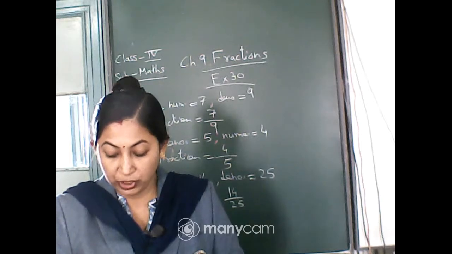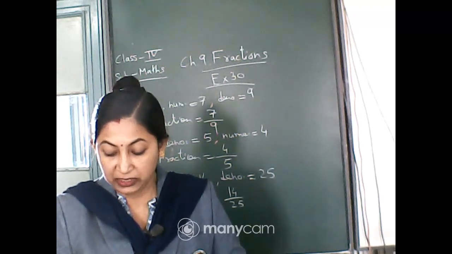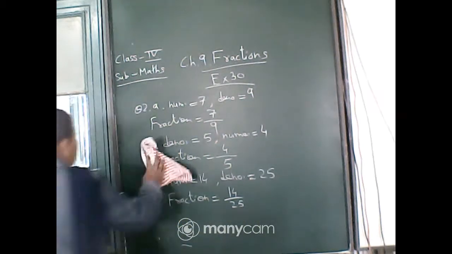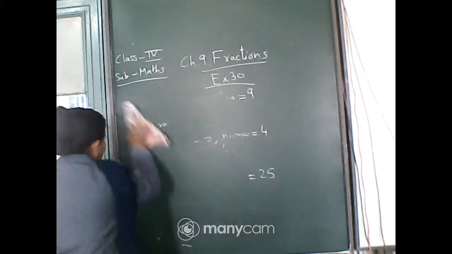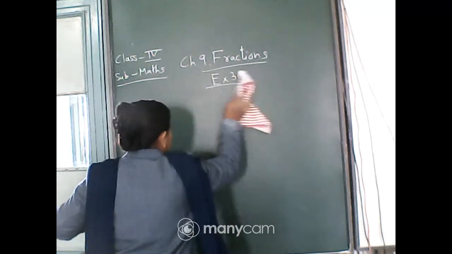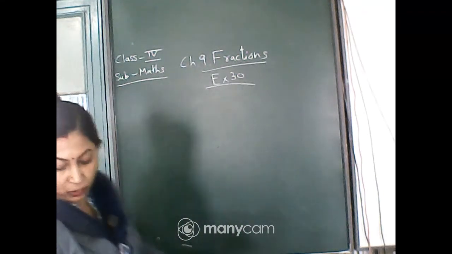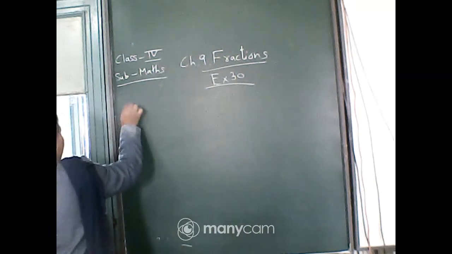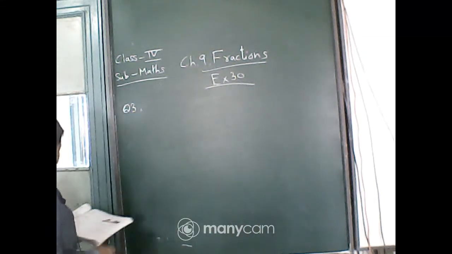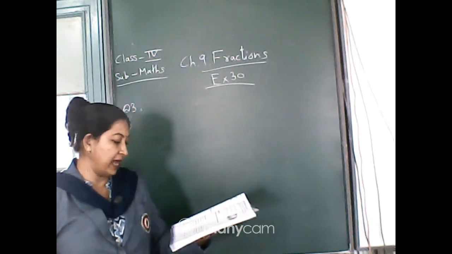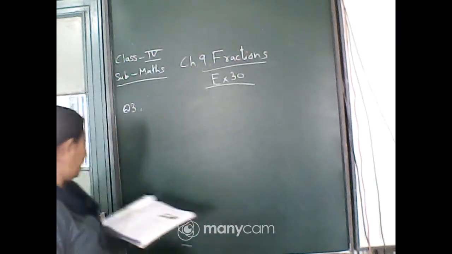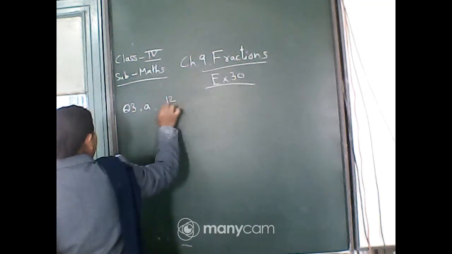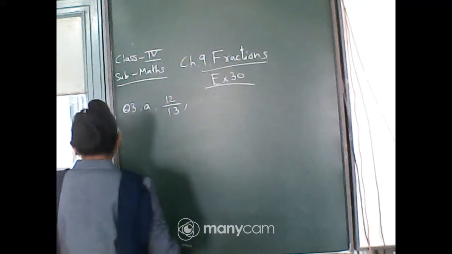Now come to question number 3. Question number 3 is fill in the blank. Some blanks are given, you have to fill them up. Let us do question number 3. See, in 12 by 13, the dash is 13. In number A, it is given in 12 by 13, the dash is 13.